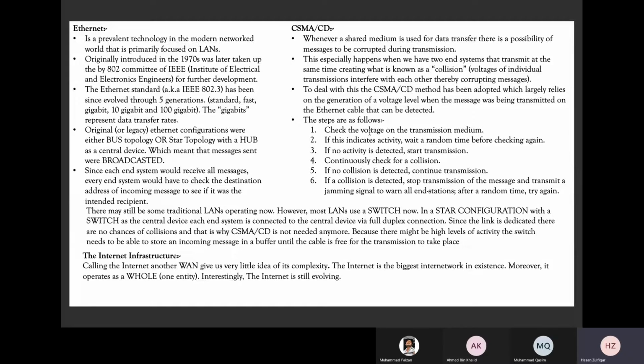Now, why a random amount of time? Think about this. You're not the only device that may want to transfer. It is possible that other connected devices may also want to transmit at that same time, and they may also have checked the central bus for voltage levels and found it busy. So they also have to wait.